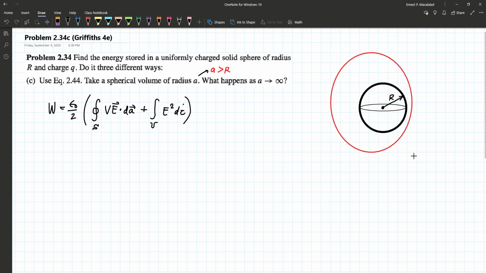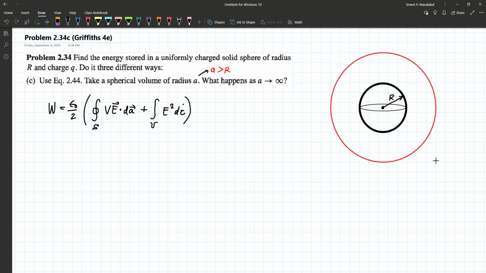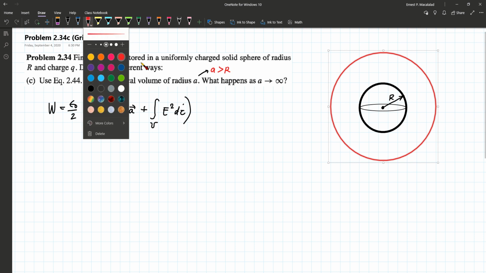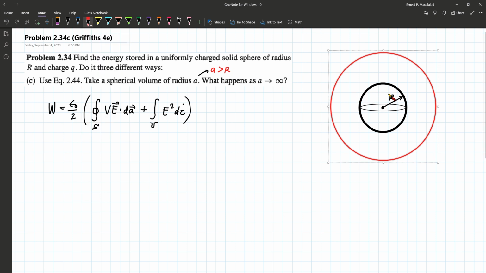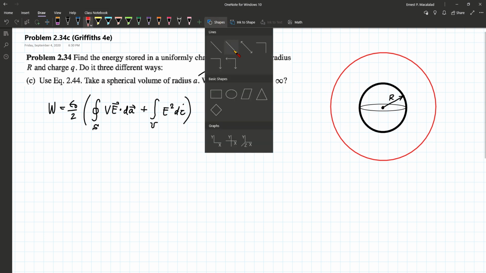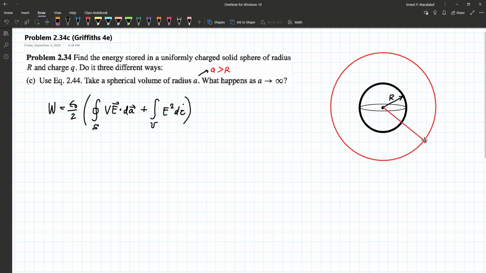This is the spherical shell where we want to calculate our integrals. It has radius A, where A is greater than R. Let's do the integrals one by one.